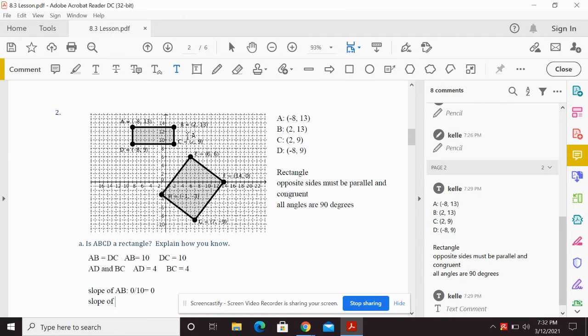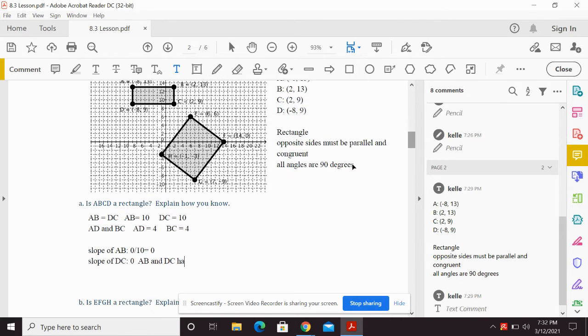So the slope of DC: change in y is 0, it stays at 9, so your slope is also 0. So they have the same slope. So AB and DC have a slope of 0, so they are parallel because they have the same slope.